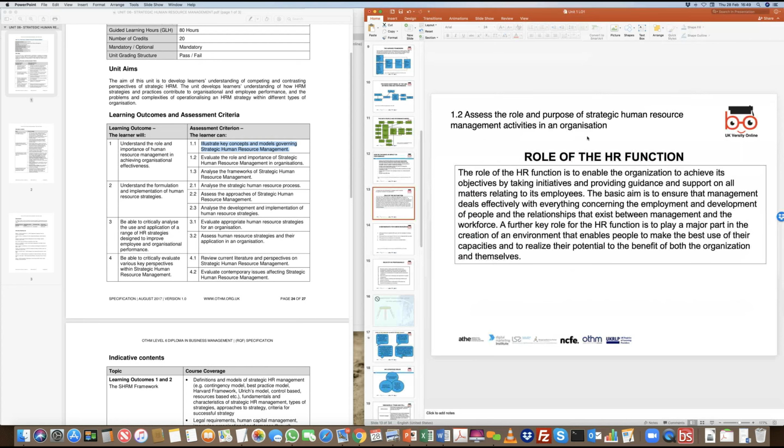Now, when we look at how we assess the role of HR in the different things that they do, we assess their role from the point of view of how happy the employees are within the organization. Do they feel that they are adequately supported in terms of policies, structures, compensation, bonus schemes, rewards, and things like that?